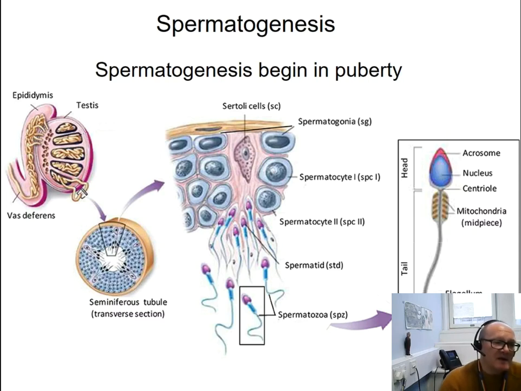The spermatids are almost mature spermatozoa that, at the end of maturation, are released in the lumen as mature spermatozoa. The spermatozoa include a head. The head has a nucleus with the DNA and an acrosomal vesicle, a midpiece that contains most of the mitochondria, and a long flagellum or tail.